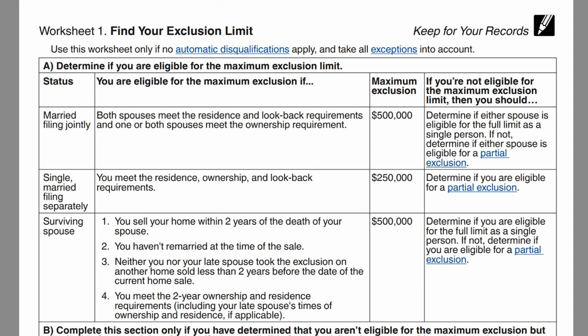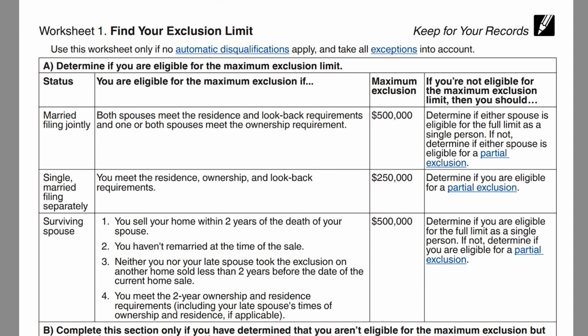And from 2017 to 2023, you lived in San Diego, but then you moved back to Norfolk in 2023. If you decide to sell it in 2024, you would still be able to exclude the capital gain because the time that you spent in San Diego was less than 10 years, and you can remove that part and still meet the criteria to exclude your capital gain.